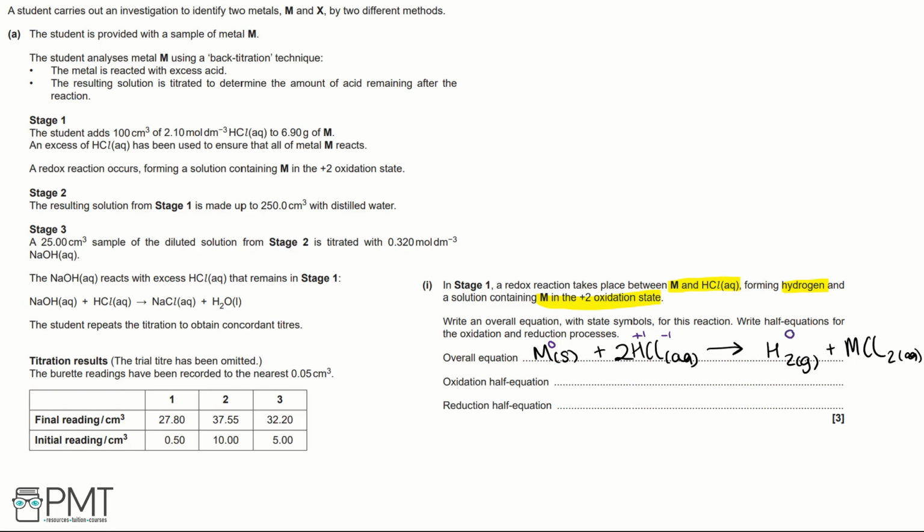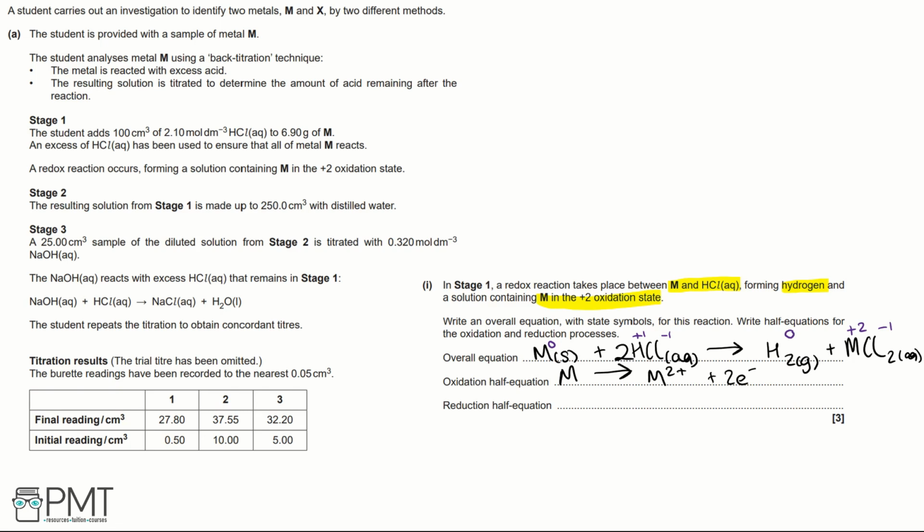And then in the solution, we'll have the 2+ M oxidation state and chlorine will have -1 oxidation state. So the oxidation, the loss of electrons, is going to be metal M. So it starts off as M and then it becomes M2+ with 2 electrons because we've lost these 2 electrons.